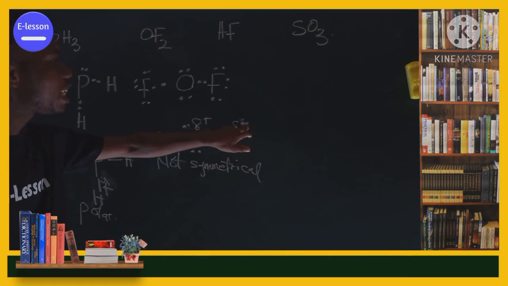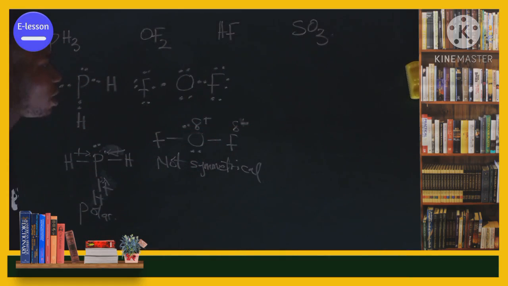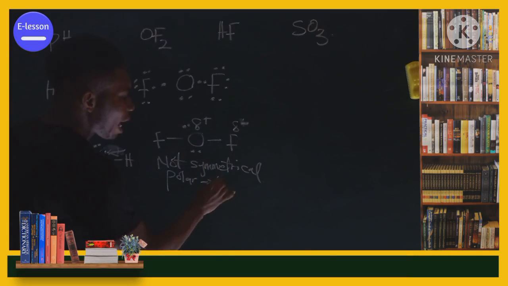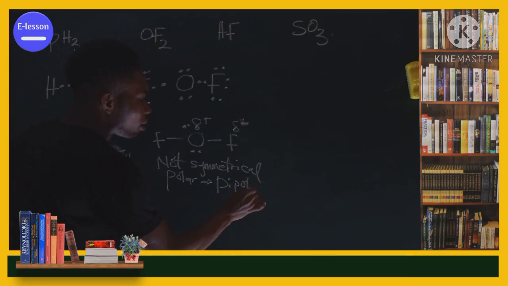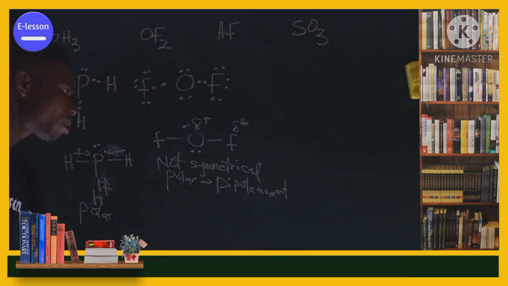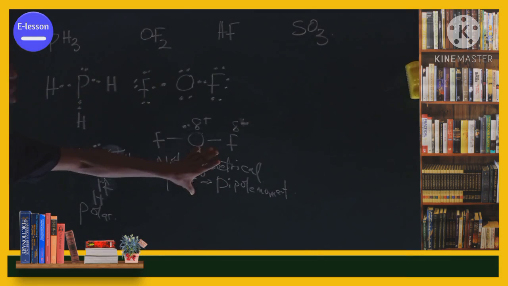Because it has a partially negative end and a partially positive end, it is what? Polar. And it's not what? Symmetrical. It has a dipole moment. So if it has a dipole moment and it is not symmetrical, such a molecule is polar. So this one is polar, this one is polar.